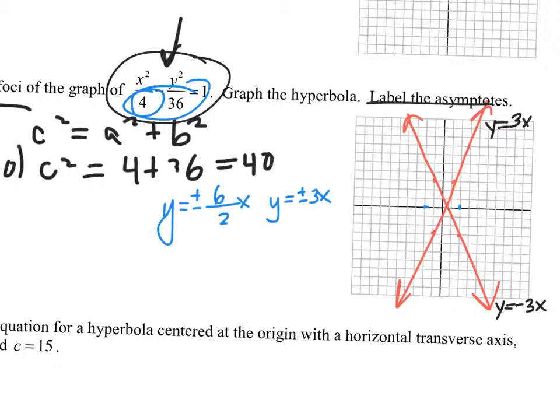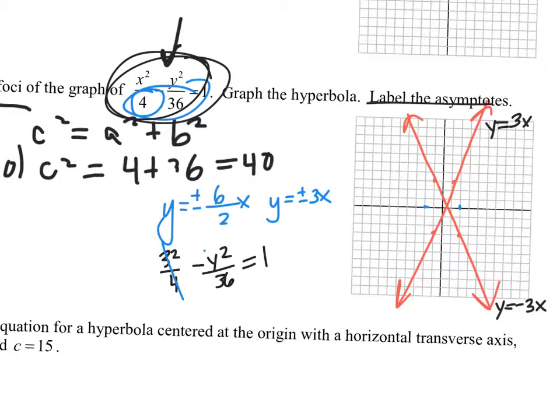So it's going to be 3 squared over 4 minus y squared over 36 equals 1. On my calculator, I'm going to take 1 and subtract 3 squared divided by 4. Okay, so that cancels this out.